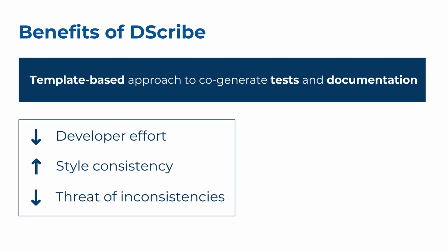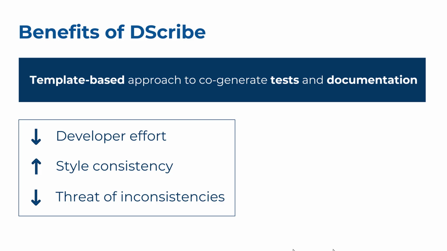Second, DScribe's template-based approach enforces a uniform style throughout the tests and the documentation, which, in turn, reduces the cognitive load required to understand them. Lastly, by generating documentation from the same source as the tests, DScribe also solves the documentation traceability problem, and thereby ensures that the documentation is accurate, since outdated documentation is immediately flagged by failing tests.